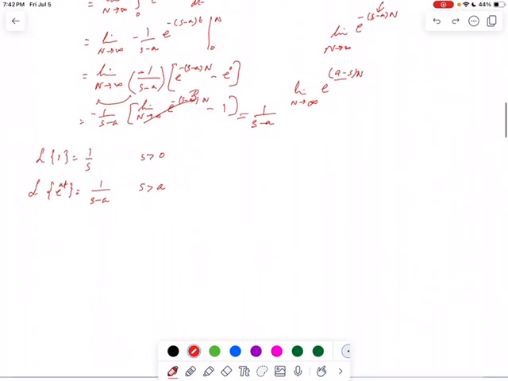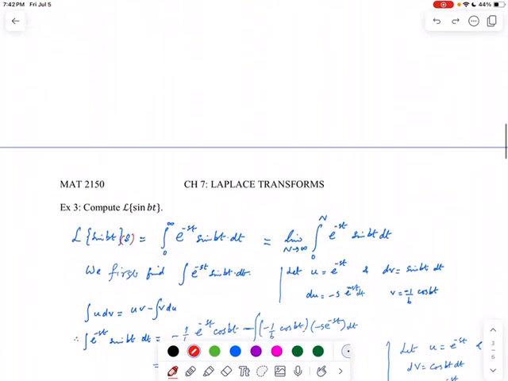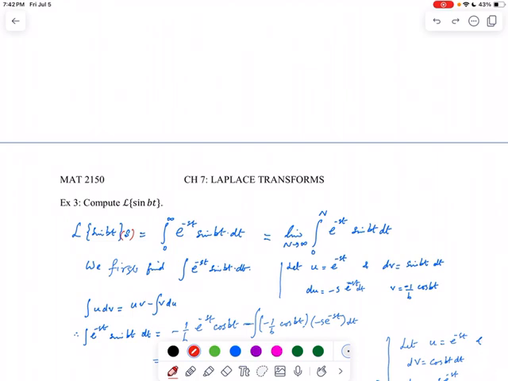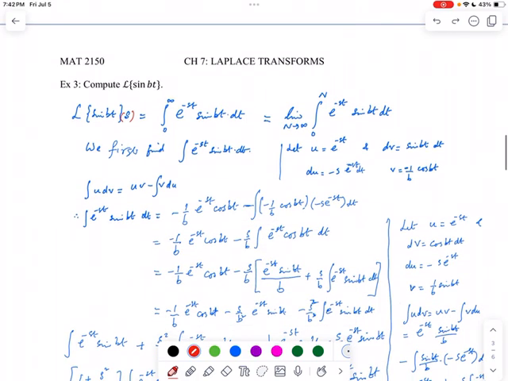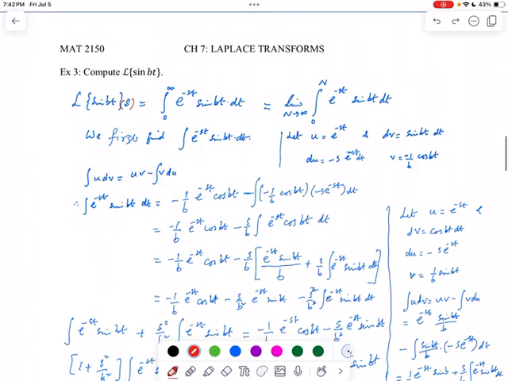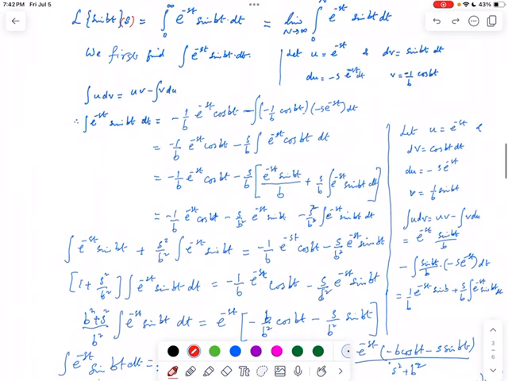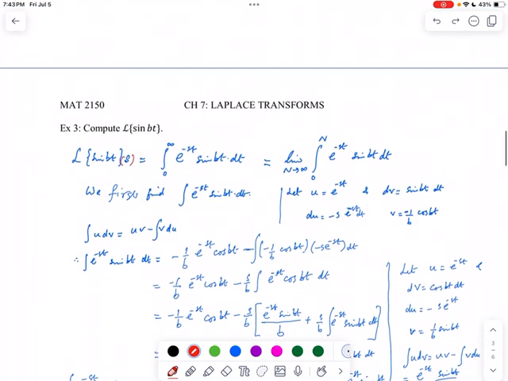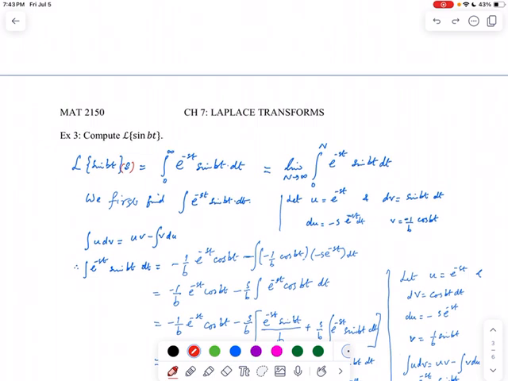So let's look at the next example, which is actually very, very long. I have done it for you. You will not be asked to do it in the exam, or even, I hope, in homework. Here we are trying to find the Laplace transform of sine bt.